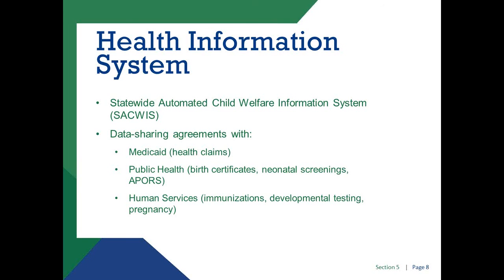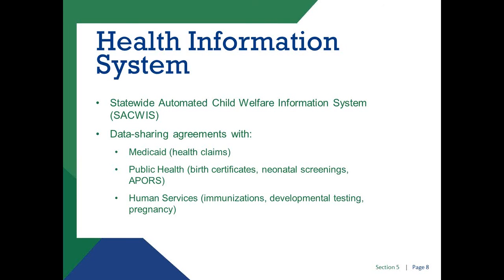We also said the state, as all states, collects health information about the children that they care for. So we did data sharing agreements with Medicaid for their health claims, not their paid claims, but as soon as the claim comes in, because in some states it takes 3 months, 6 months, 12 months to get them paid, and we wanted as up-to-date information as we could.